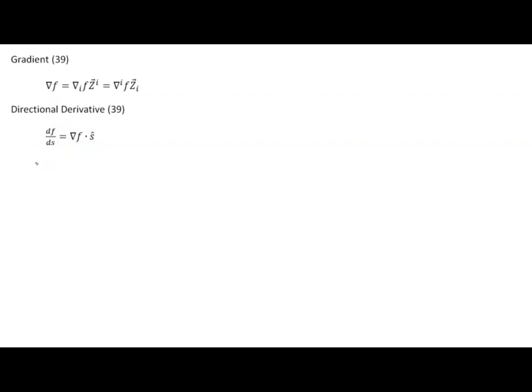Now we said that the gradient itself points in the direction of the greatest directional derivative and that its magnitude is equal to the directional derivative in that direction. So the maximum value of our directional derivative occurs when the gradient points in the same direction as our unit tangent vector like this.